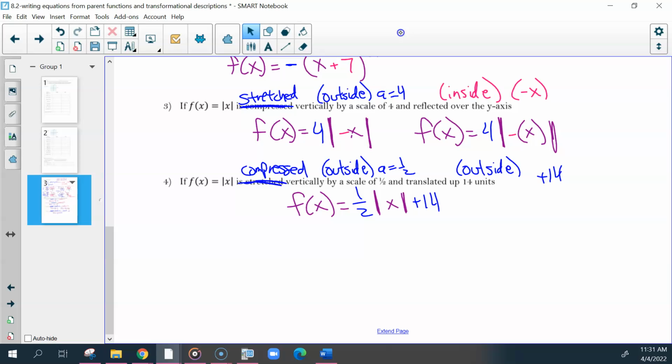So focus on just 9 through 13. You are welcome to try the others if you so choose. And we'll go over that towards the end of class.